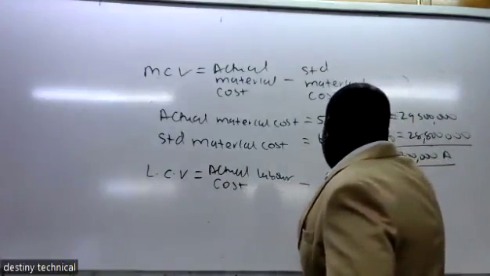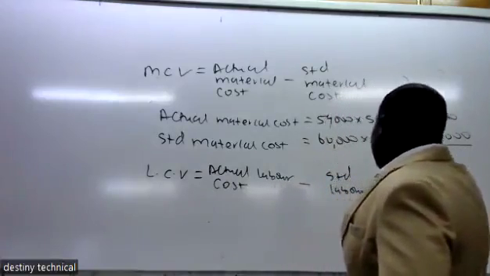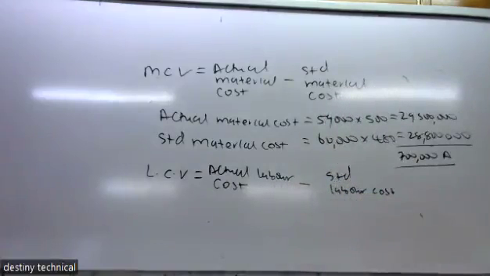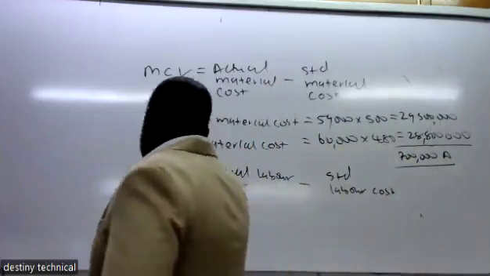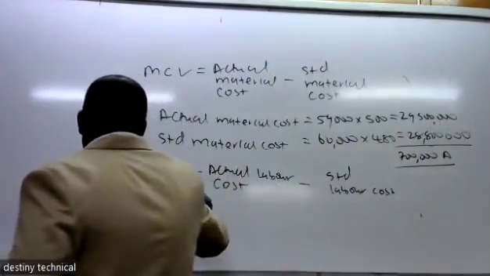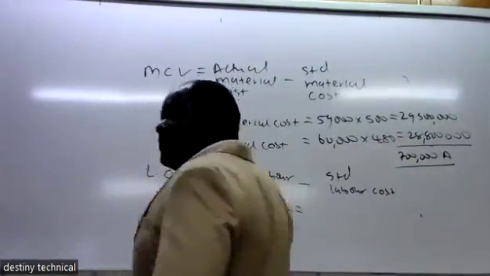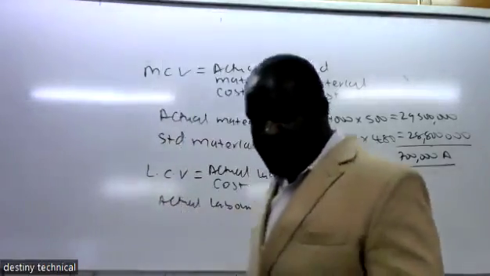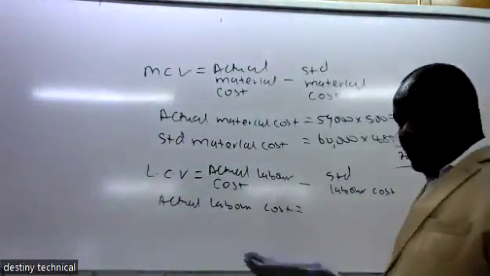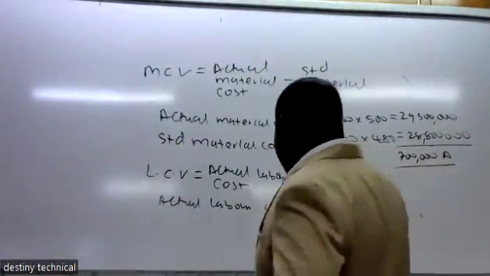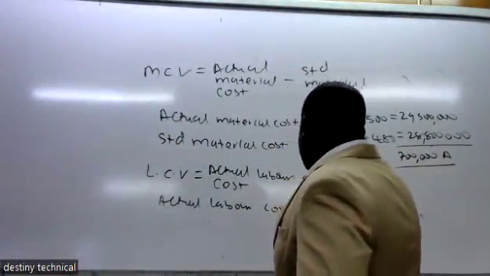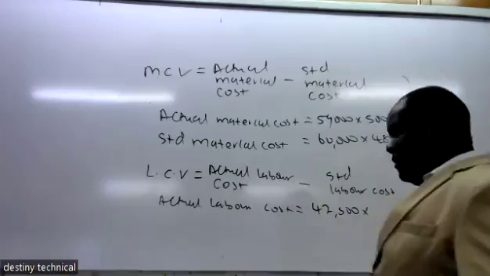The actual labor cost, we know how to calculate that. You simply take what you are given as 47,500 multiplied by what?